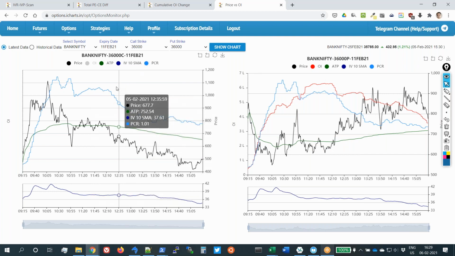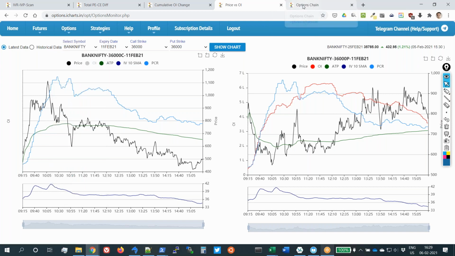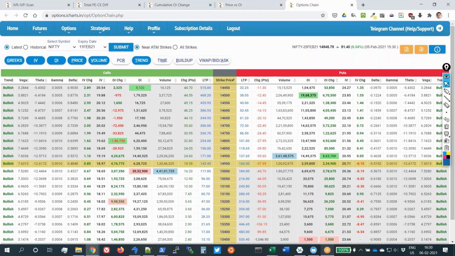Another way to determine trend that I forgot to mention is the option chain. Not many use it, but in the morning, take 2-3 strikes near the ATM, in and around, above and below.